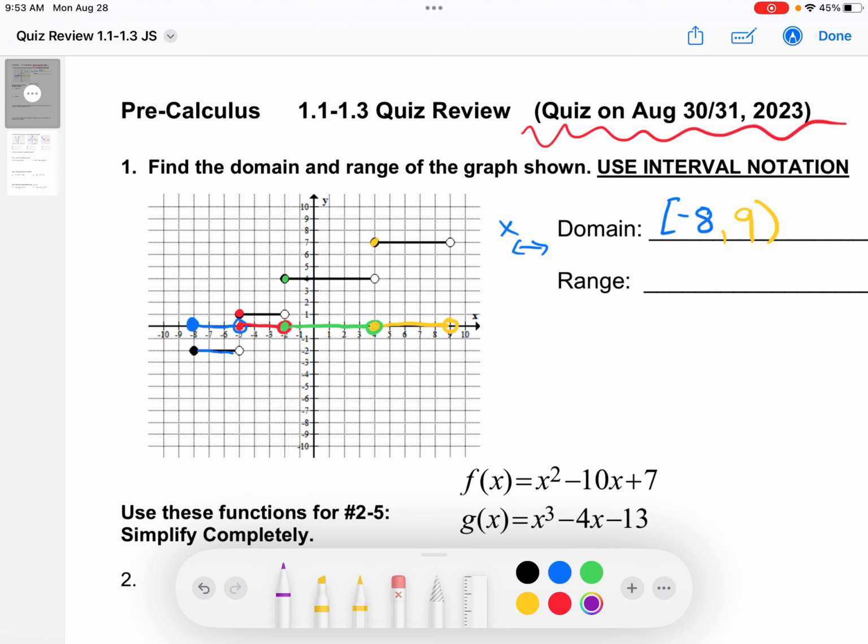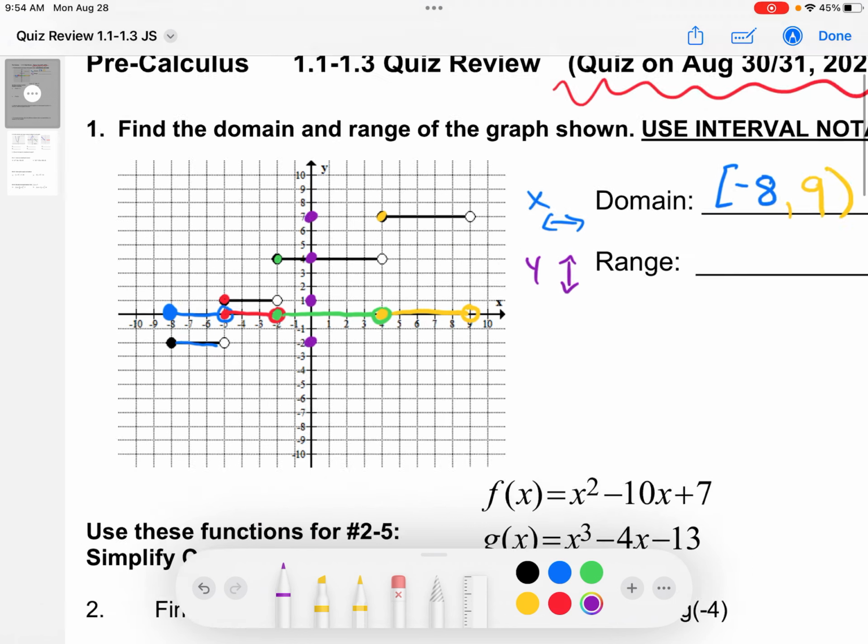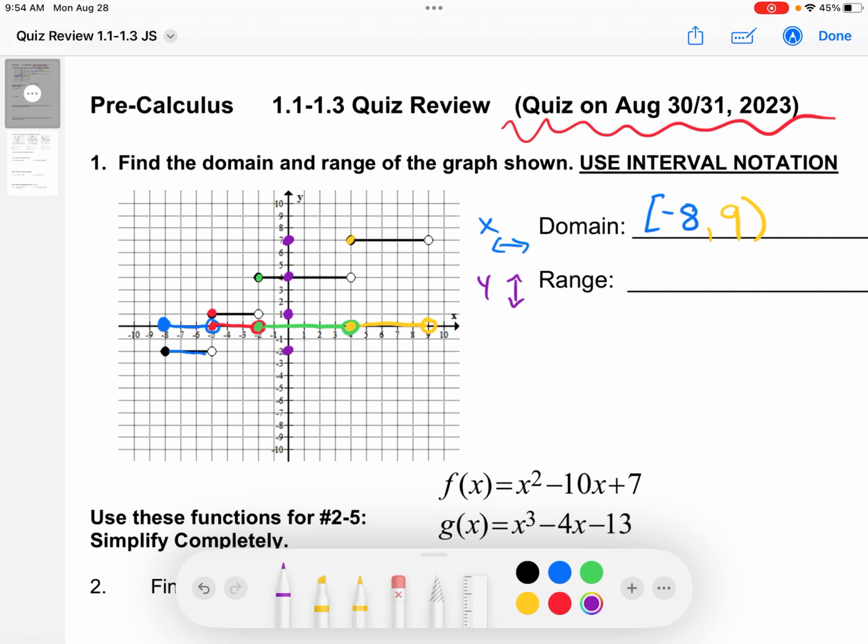Now, let's look at range. Range goes from bottom to top on the y. And if we look at the y values that get used, it's only the y values where the horizontal pieces are located. It's not the in-between pieces.